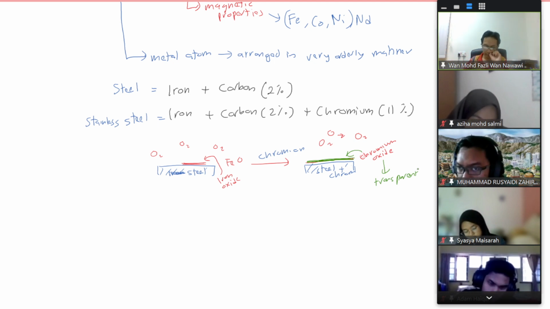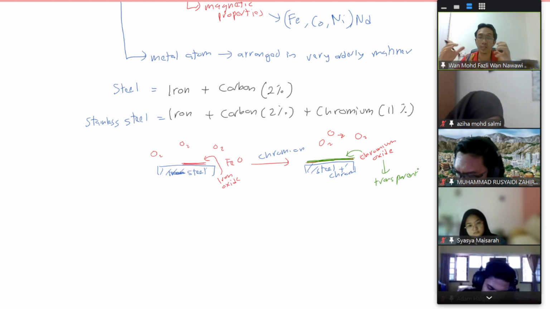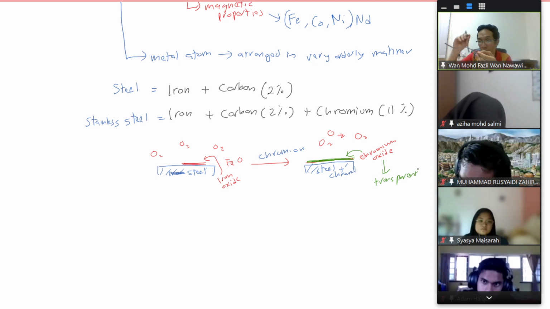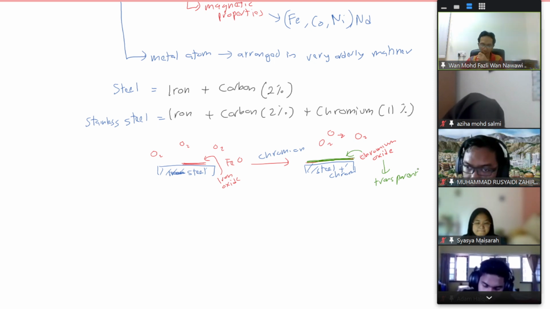So you get this protective coat of chromium oxide, which is transparent. That's why even though it's oxidized, you don't see it, because there is a layer of chromium oxide there, preventing the iron from being further oxidized. So that is the idea of stainless steel.